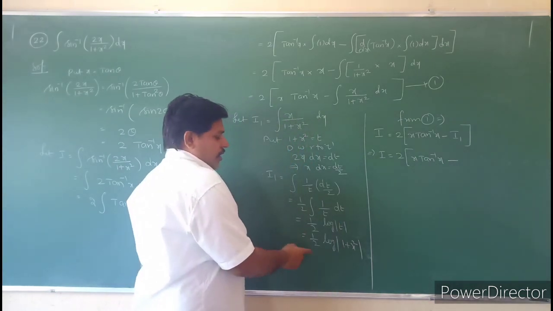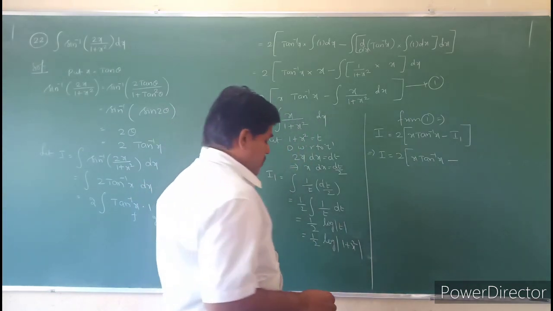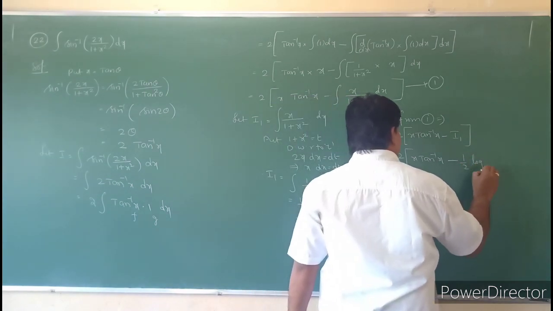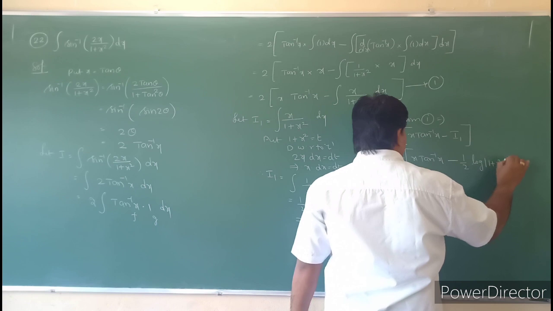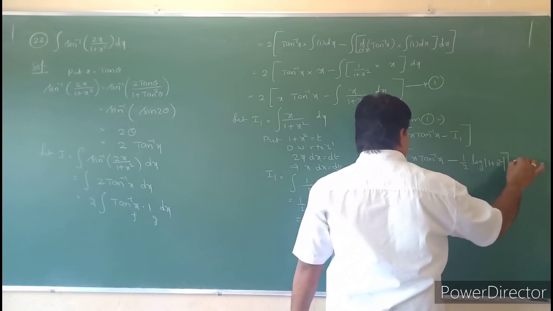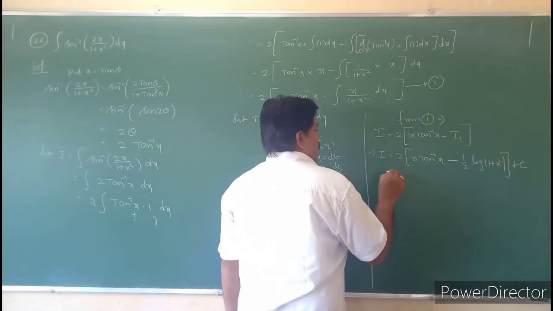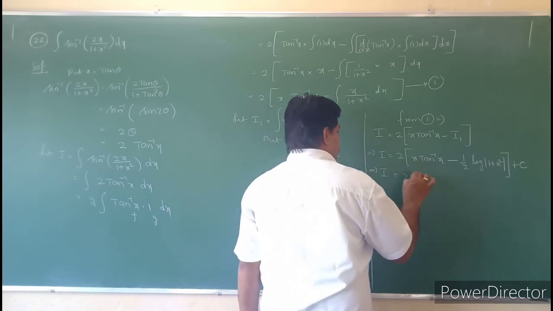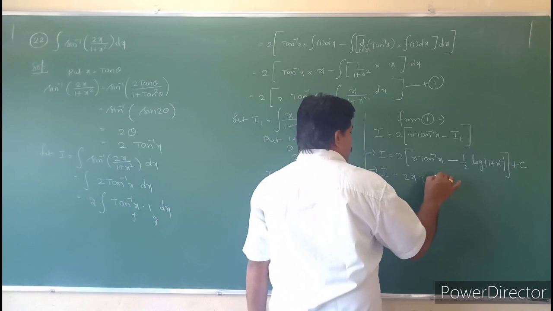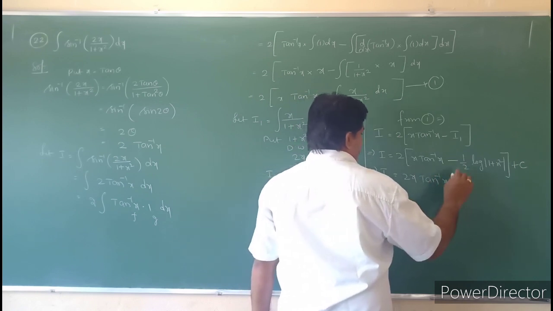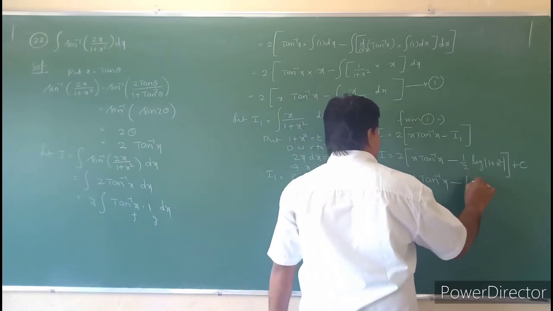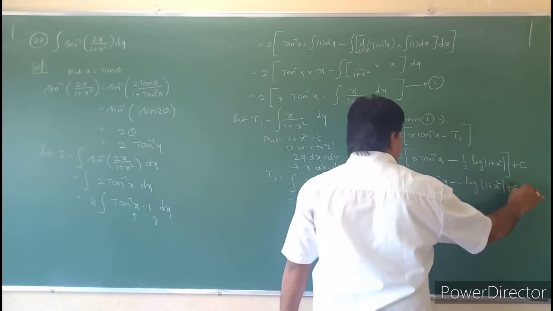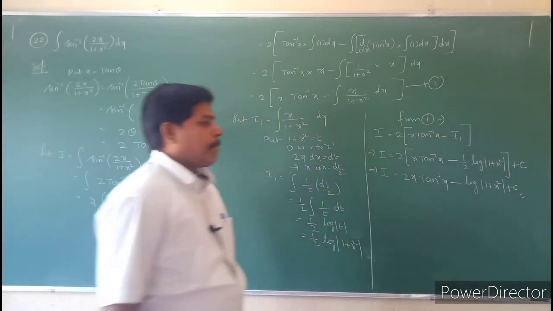I1 value is here, 1 by 2 into log of mod 1 plus x square plus c. So that implies I is equal to, multiplying with 2 here, 2x into tan inverse x minus log of mod 1 plus x square plus c.